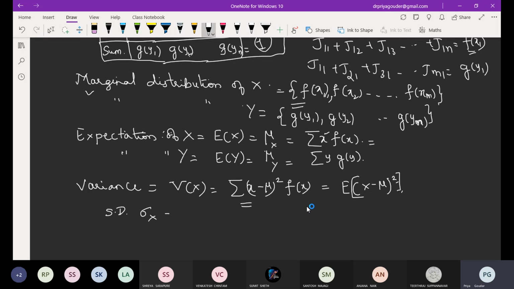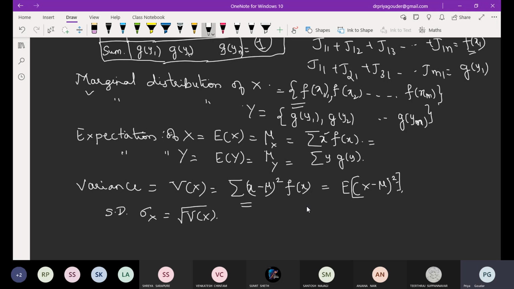Standard deviation, you can take it as sigma or sigma of x. Always standard deviation is square root of variance. All these are statistical properties, but now we are studying the joint probability distribution.